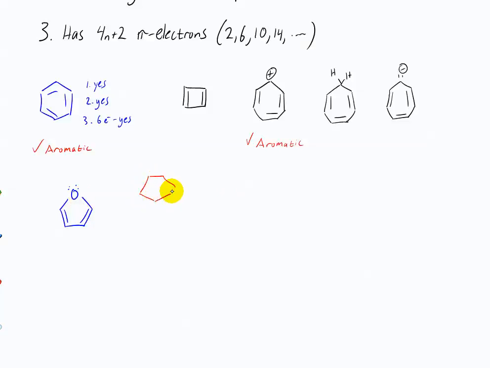So if it's sp3 hybridized, then the two lone pairs are in sp3 hybrid orbitals that stick out at an angle.